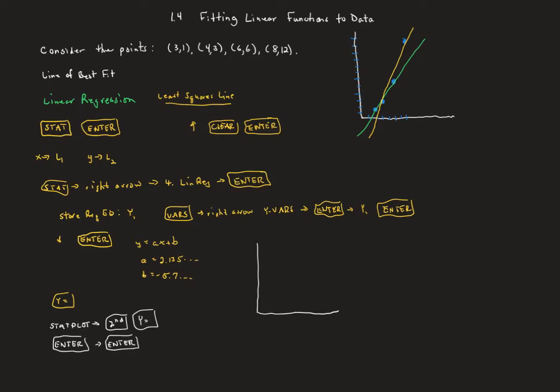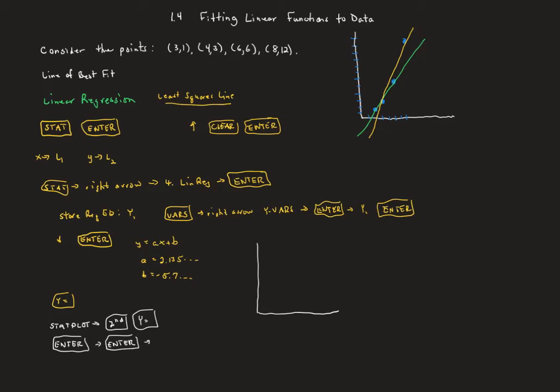Now, it should have defaulted, unless somebody has changed yours before, so the type should be that very first one highlighted. If not, go down arrow and then hit enter on that. The X list should say L1, and if it isn't, then just go down there and type in L1.